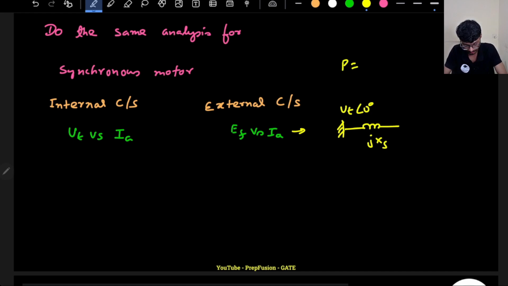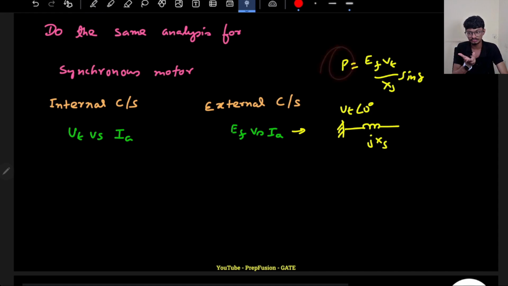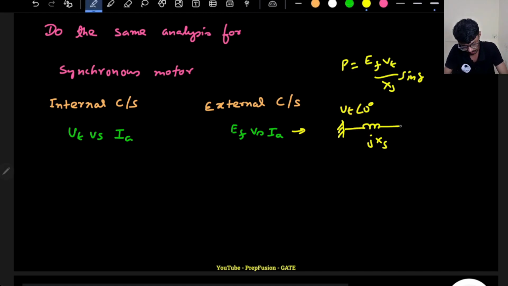The formula is P equals EF Vt by XS sin delta. If it is negative power, that means it is receiving, not delivering. Delta should be negative here because it is a motor. It should receive active power. It will deliver to the mechanical load, but from an electrical circuit standpoint, it is receiving power. So here the motor will be there.